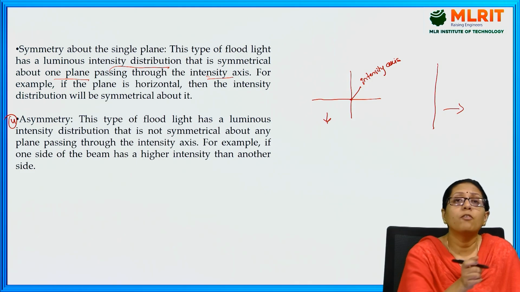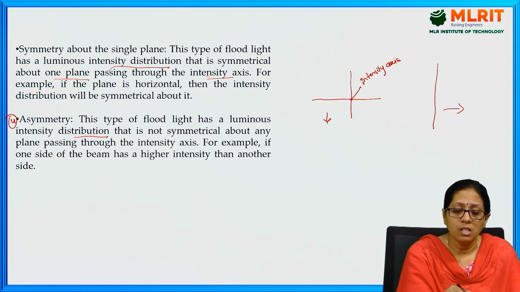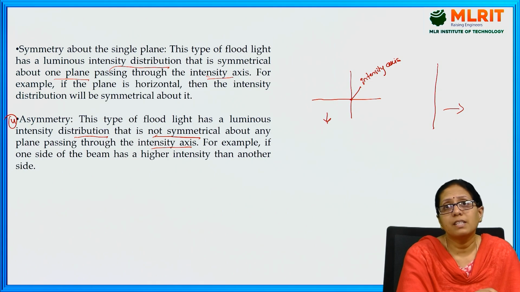So this type of floodlight has a luminous intensity distribution that is not symmetrical about any plane passing through the intensity axis. For example, if one side of the beam has a higher intensity, the other side may have a lesser one or the higher intensity.